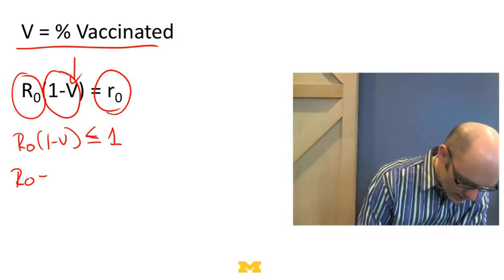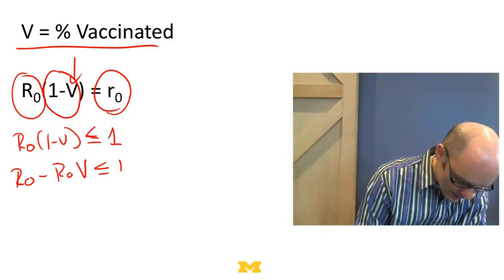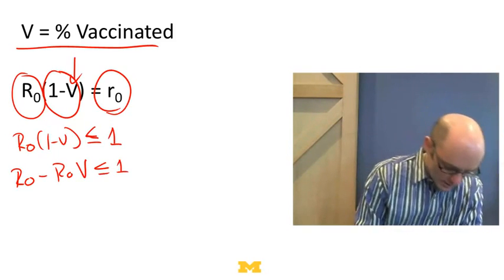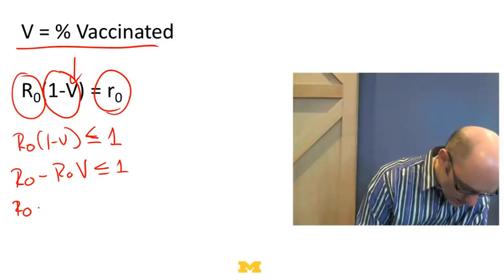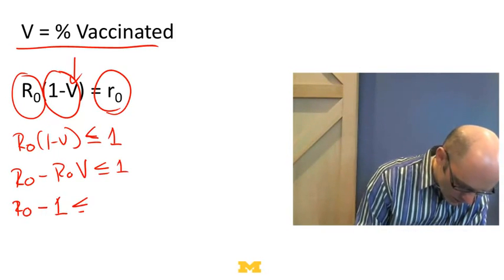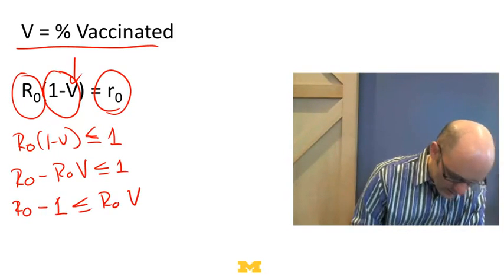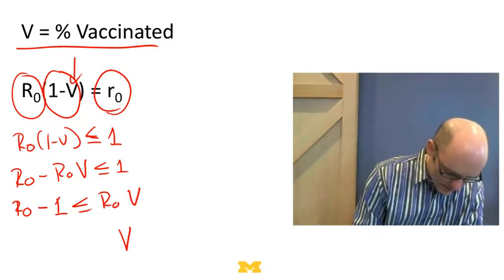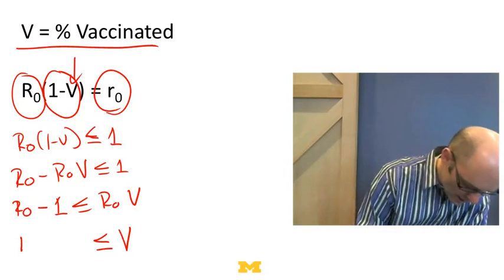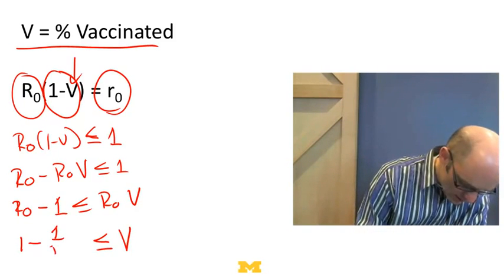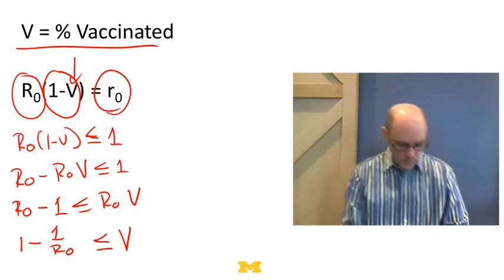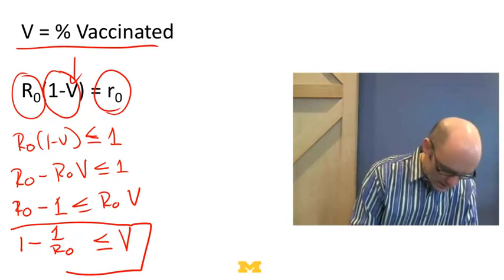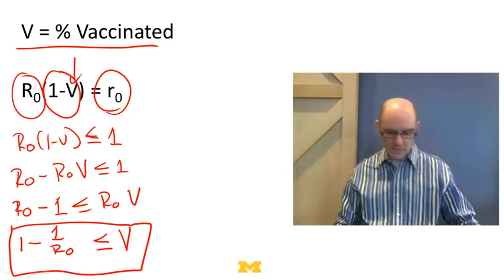We get R0 minus R0V has got to be less than 1. So we can bring this over to the other side, and we get R0 minus 1 needs to be less than R0 times V. So that means we need V to be bigger than 1 minus 1 over R0. So this equation says how many people we need to vaccinate.